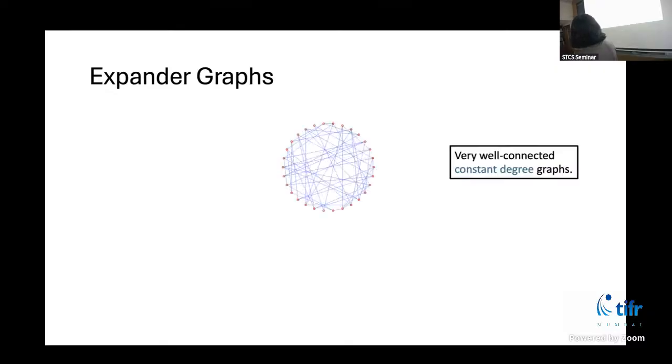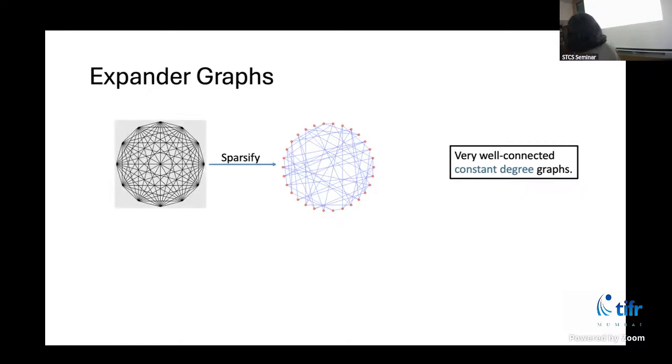Okay, so let's just recall expanders. Most of you have seen expander graphs. We won't go too much into details. We should just imagine them as very well connected but constant degree graphs, which have many of the properties possessed by complete graphs.